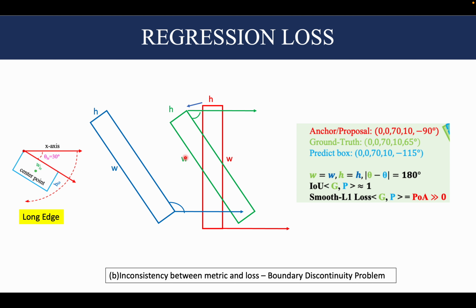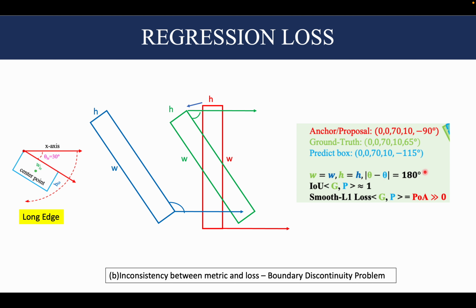But when we look at the angle, the anchor had say minus 90 degrees, it added another, sorry, correction, minus 25 degrees to become minus 115 degrees. That can be seen here. What we see here is that in this case, again, the IOU is almost 1, but the smooth L1 loss is large, not because of exchangeability of edges, but because of periodicity of angle, as the angle difference has now become 180 degrees.